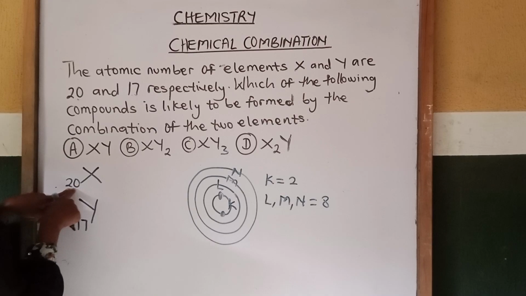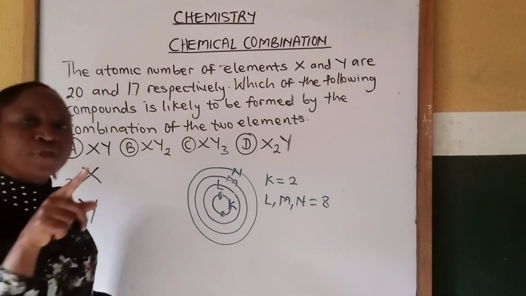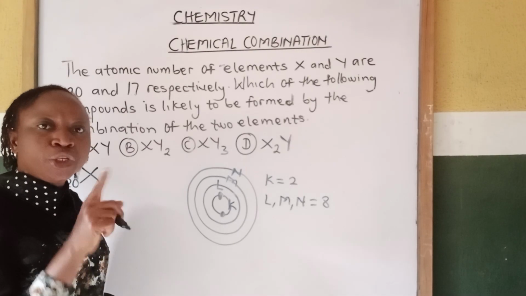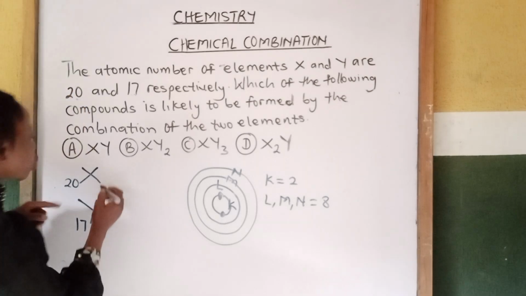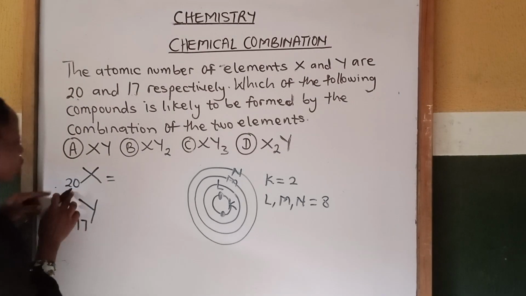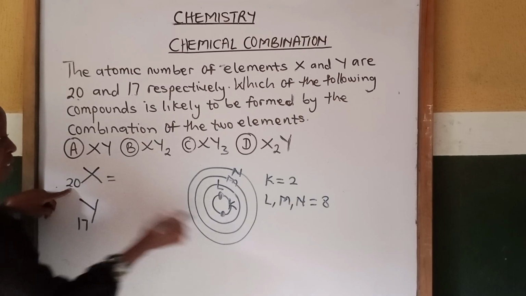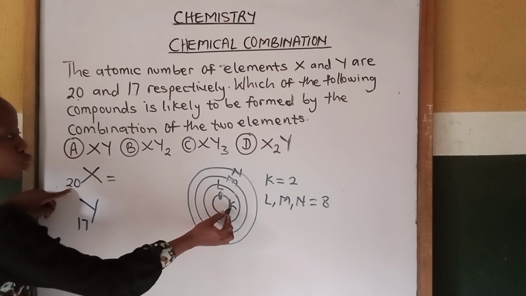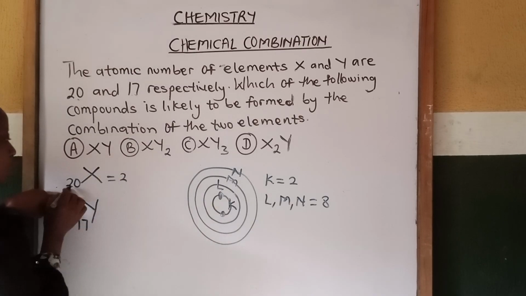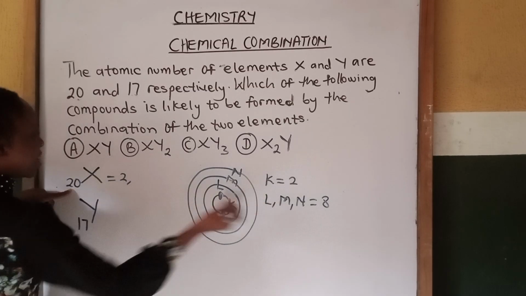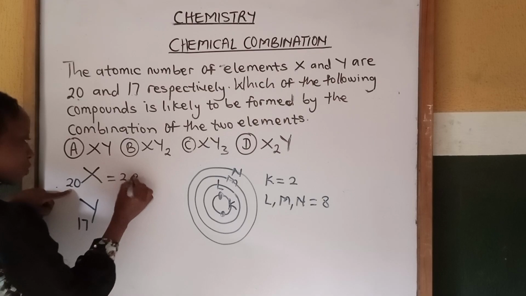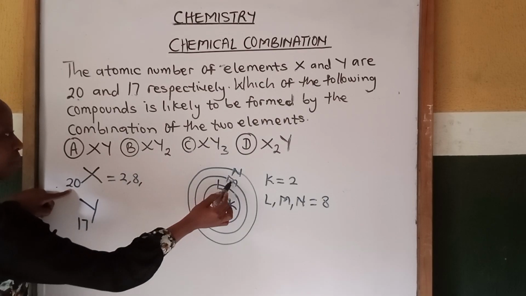The atomic number of this element X is equal to 20, because this is a neutral atom, and the atomic number equals the number of electrons in a neutral atom. So let's write the electronic configuration of element X. The K shell will carry 2 out of 20 electrons, followed by the L shell, which will carry a maximum of 8, then the M shell.